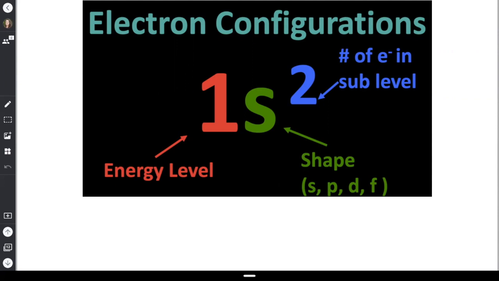The letter represents the shape of the orbital. Remember, we have our S, the spherical shape, and it can hold 2 electrons. We have our P, the dumbbell shape, which can hold 6 electrons. We have our D, but it's a clover, which can hold 10. And then our F, which can hold 14.